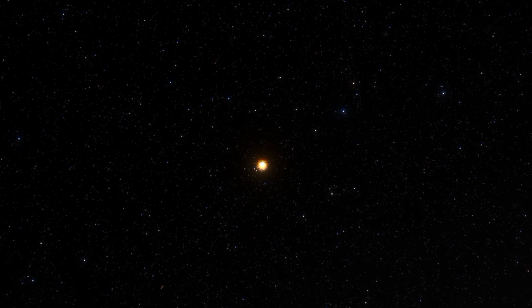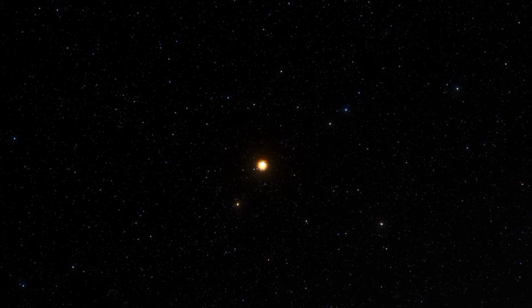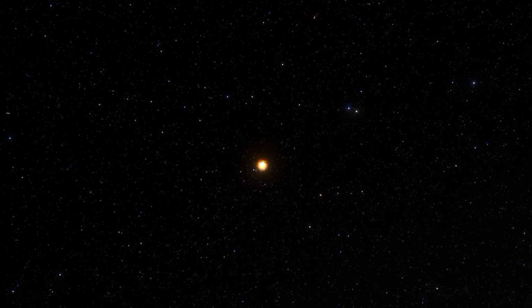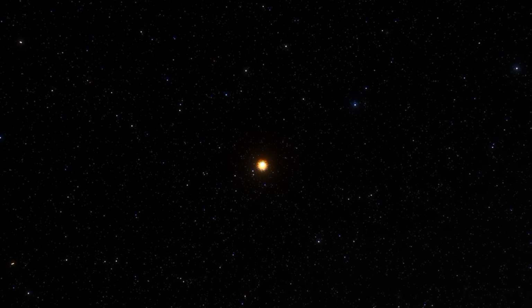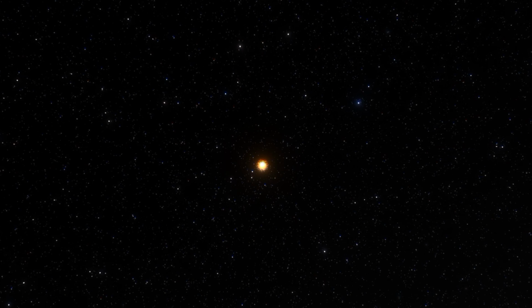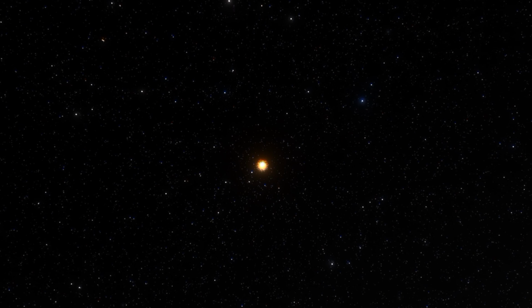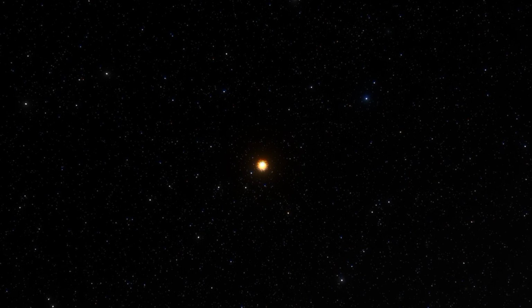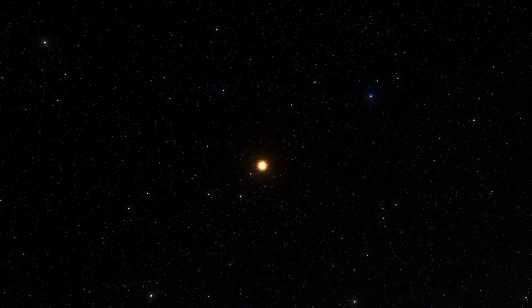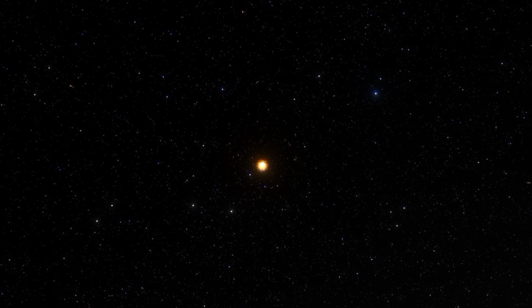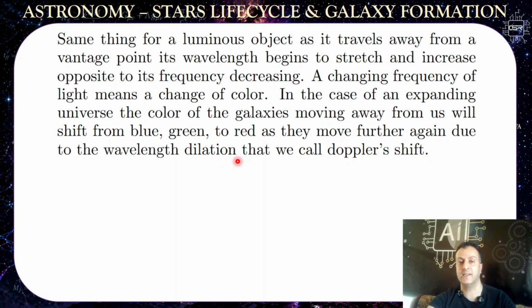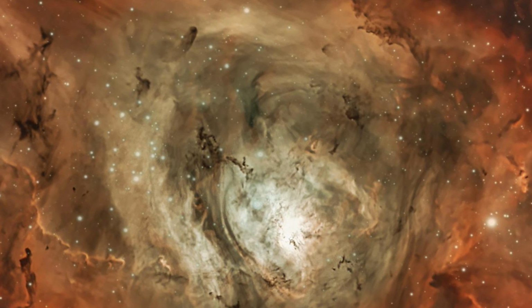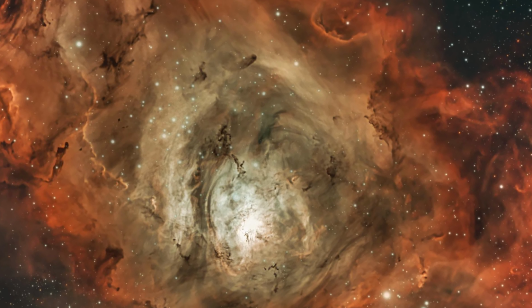This is what we are counting on in order to measure the recession of a galaxy as it moves away from us. What applies to sound frequencies is the same for a luminous object. As it travels away from a vantage point, its wavelength begins to stretch and increase, opposite to its decreasing frequency. A changing frequency of light means a change of color. In the case of an expanding universe, the color of galaxies moving away from us will shift from blue, green to red, even to a radio wave that is no longer detectable by our eyes.